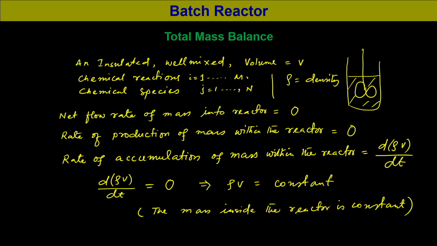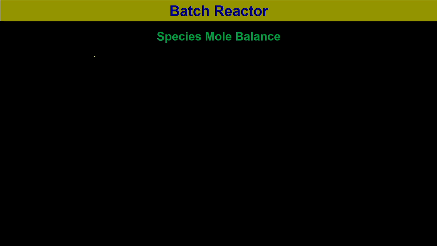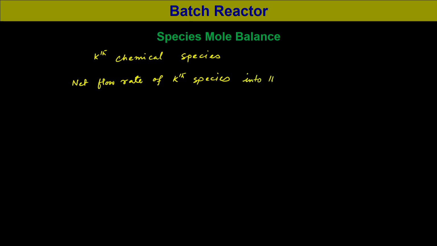Now, let us do the species mole balance. If we write for any species, say the kth chemical species, the net flow rate of kth species into the reactor is equal to 0.